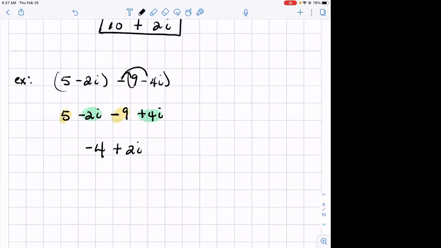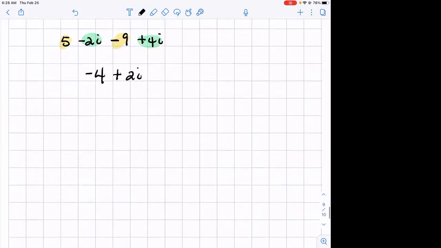So addition, subtraction, multiplication, and division is very similar to the way we work with polynomials. We just have to remember, okay, in multiplication and division, that i squared represents something and i represents something, right?